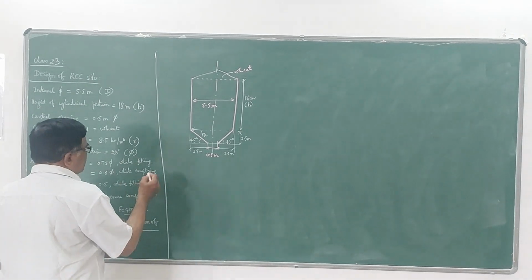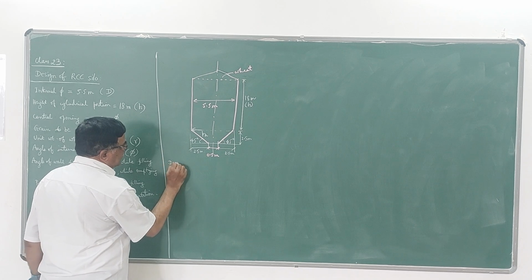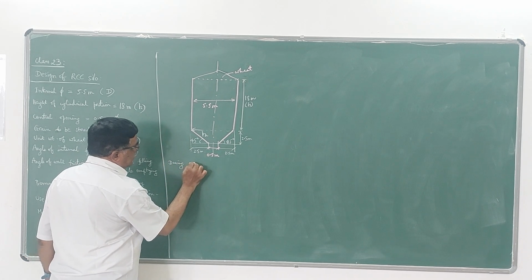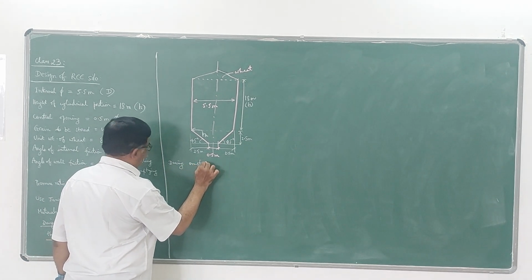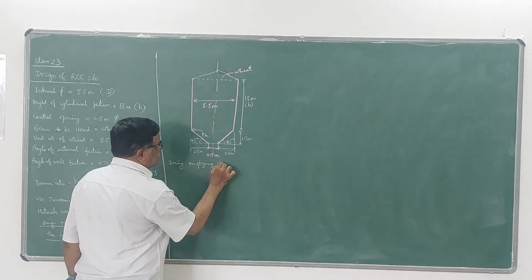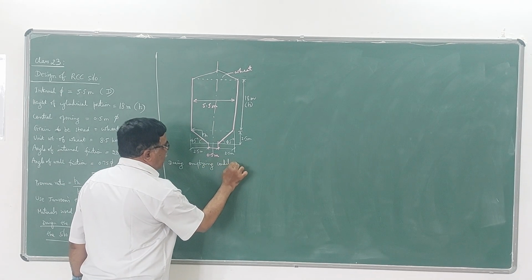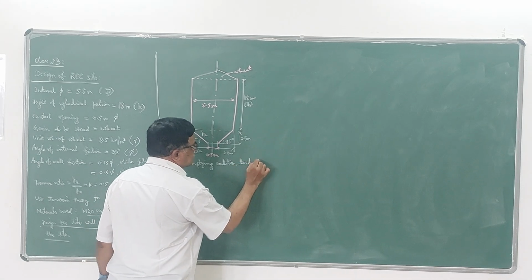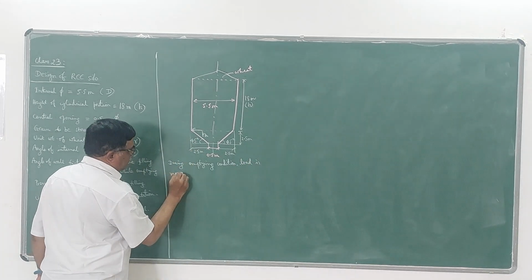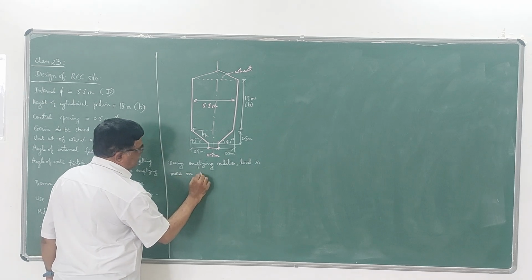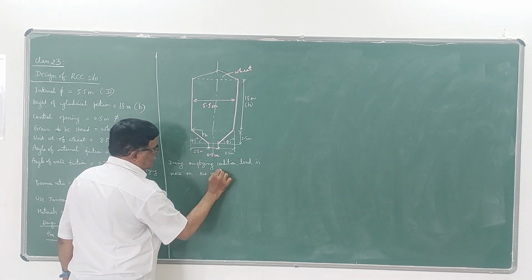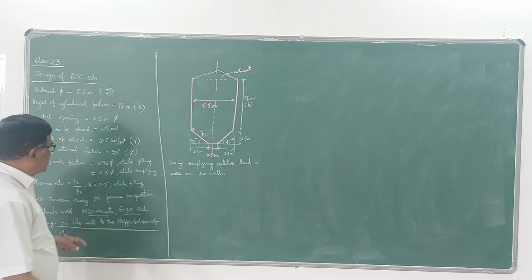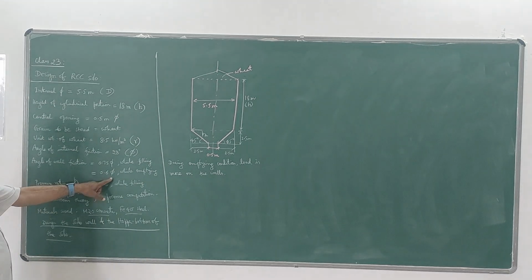So during emptying condition it is 0.6 times phi.